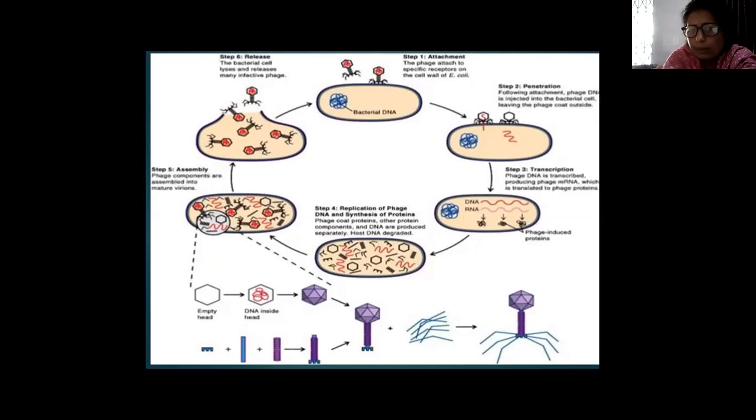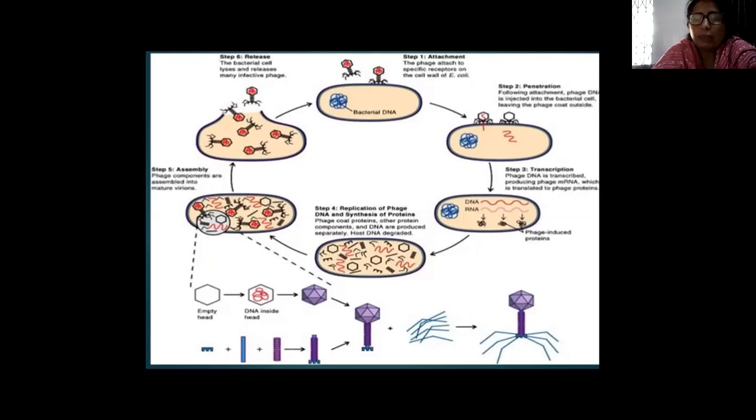As soon as the viral DNA enters the host cell, the first and foremost work it does is start its own transcription. It starts the transcription and translation machinery using the machinery of the host cell.